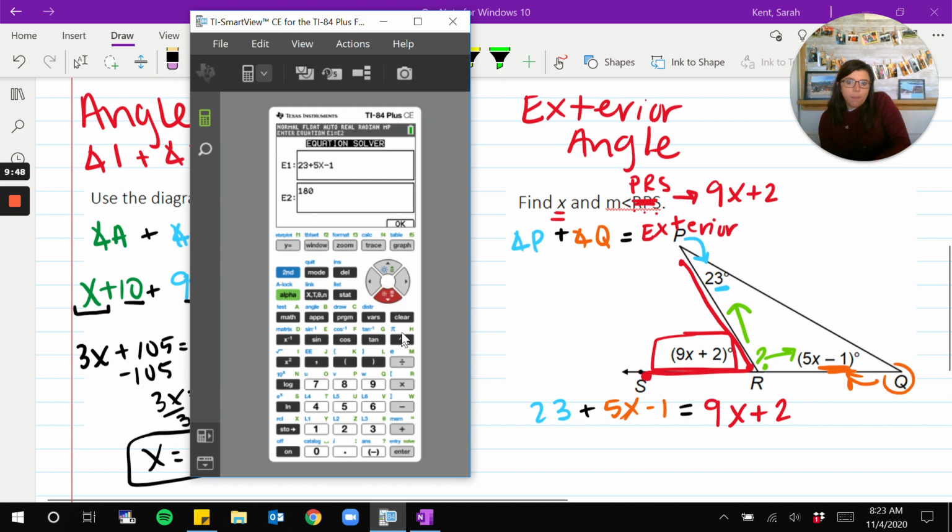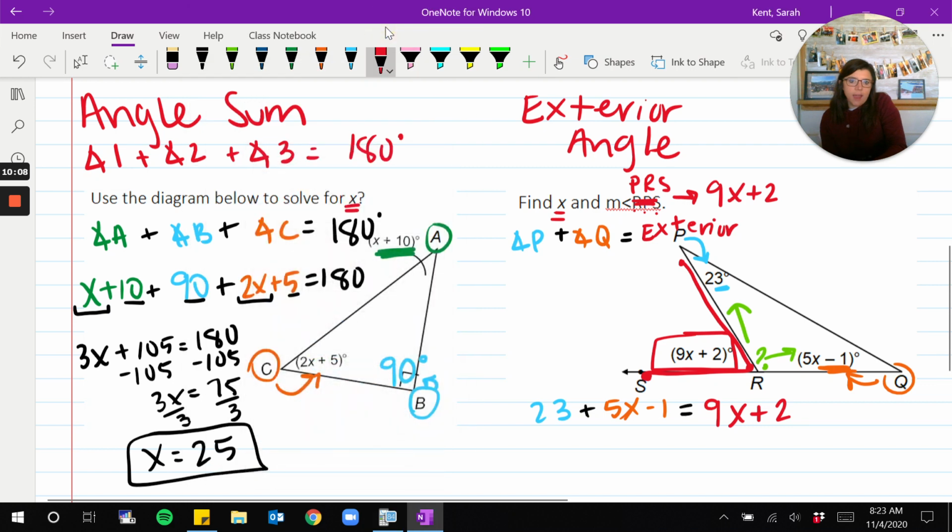And then on bottom, I want the right side. So I want 9x plus 2. So here I've got the left side, the right side. I'll press enter. It still has my answer from the last question, so I need to press alpha graph. And here I get x equals 5.